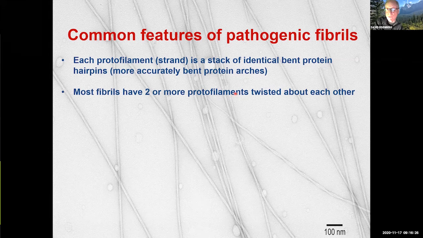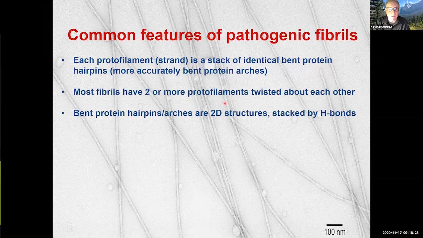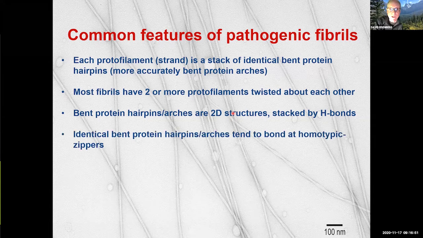We have one in which we see 27 protofilaments. These bent hairpins or arches are 2-dimensional structures, so they're different from globular proteins and membrane proteins, which are 3-dimensional structures. But in amyloid, the polypeptide chain is essentially in 2 dimensions. So they're much simpler in a way than globular and membrane proteins.